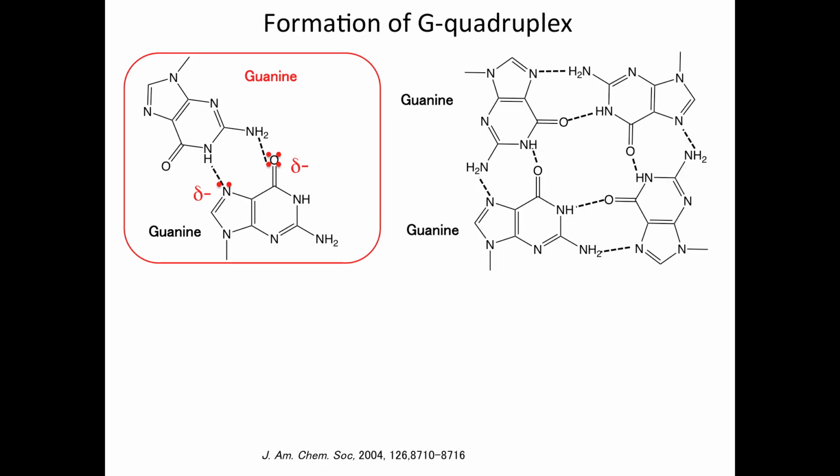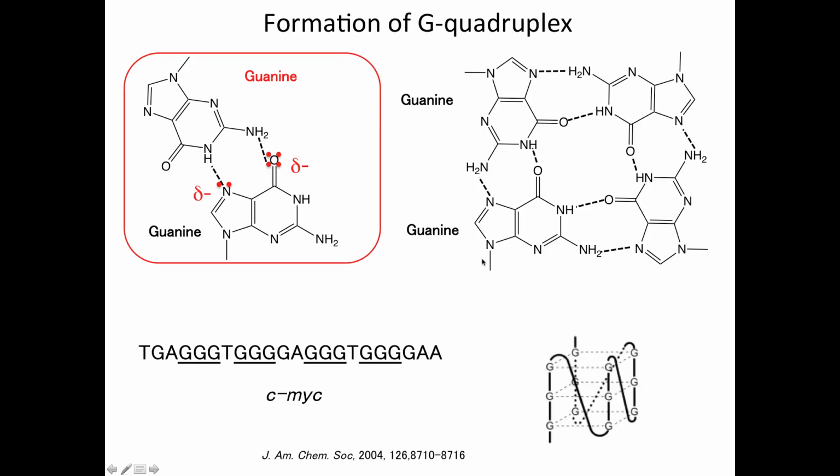Especially in the case of the G-quadruplex, guanines bind to each other, and four guanines form one G-tetrad plane. In the case of the promoter of the oncogene c-MYC, this G-rich strand forms the G-quadruplex by Hoogsteen base pairing, stacking each G-tetrad plane.